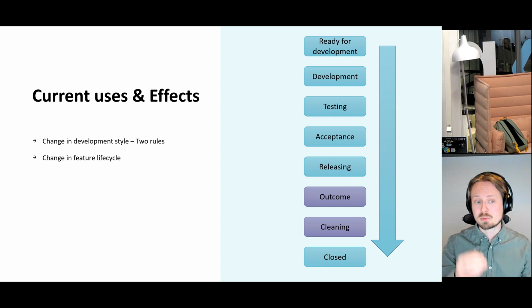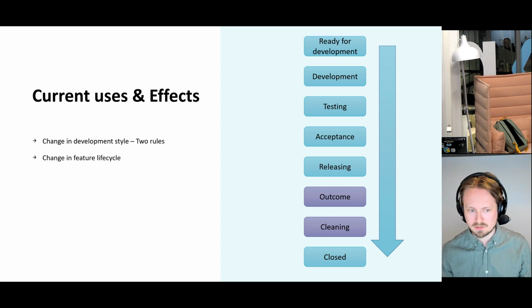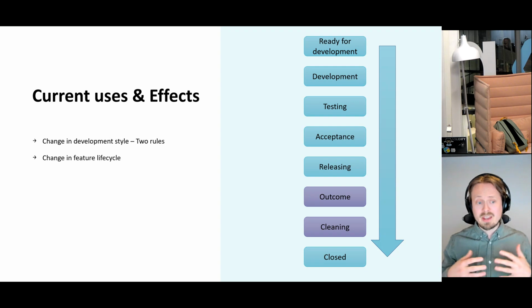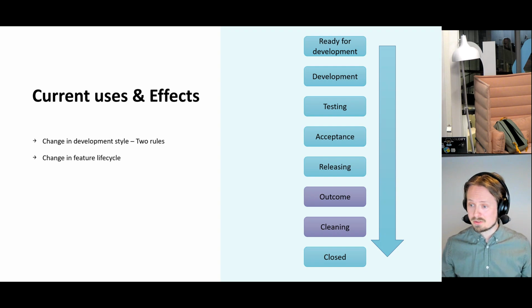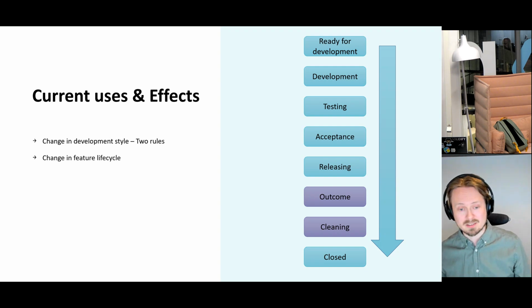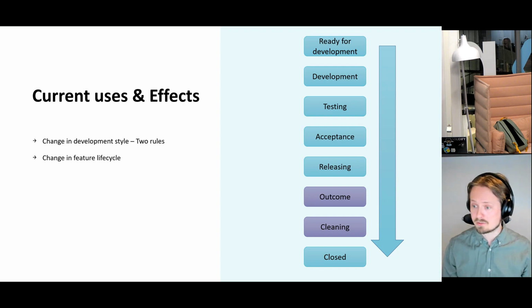After we have released it in production, one new thing that we started doing is measuring the outcome of the feature. This is usually done one or two weeks after the feature has been released. We just measure to see if we got the outcome that we expected when we planned the feature.